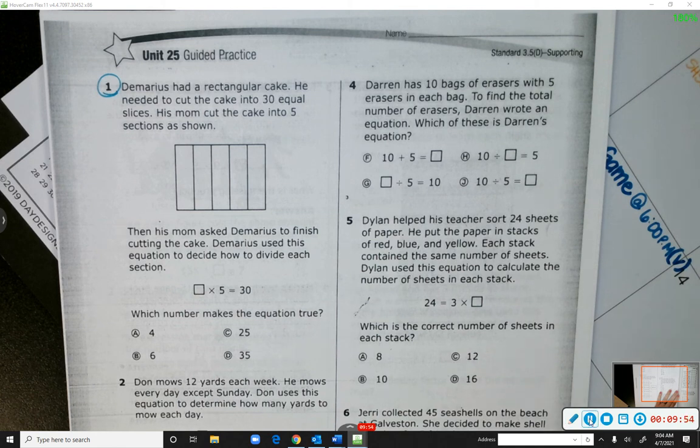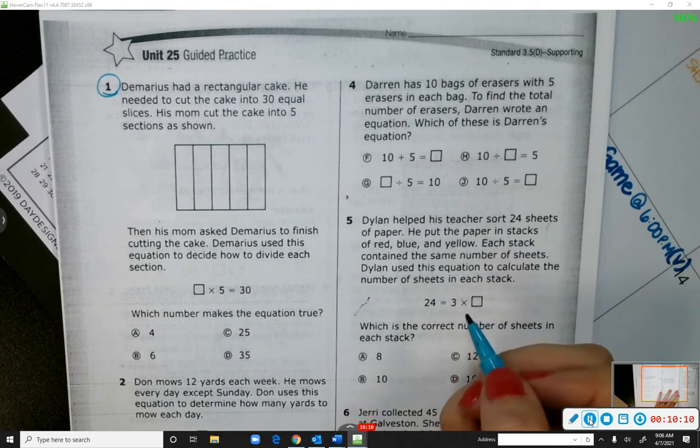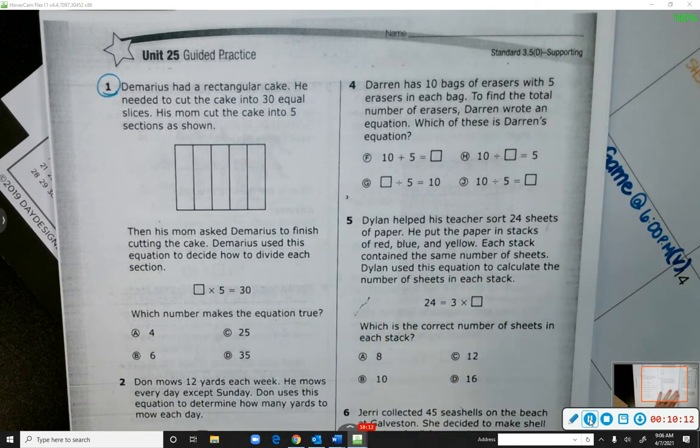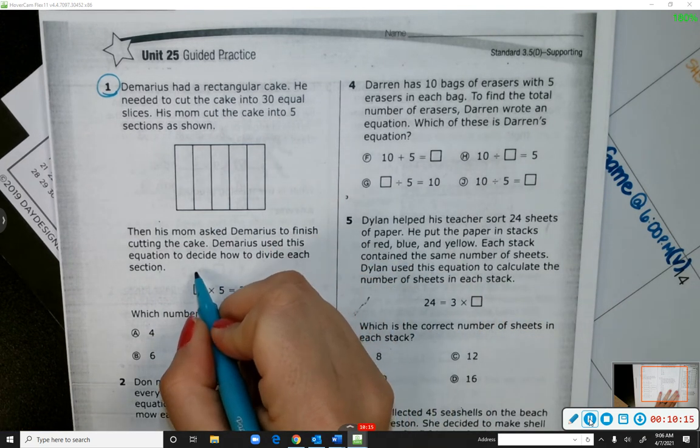Are you ready to check? No. Okay, I'm going to show you a fact family just in case we were not able to figure out what number goes in that missing box just by looking at it. So to figure out this missing box, I'm going to go ahead and write the whole fact family.